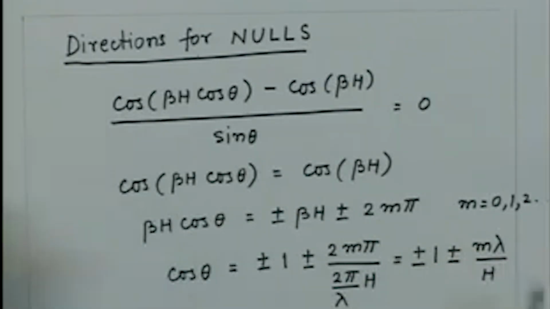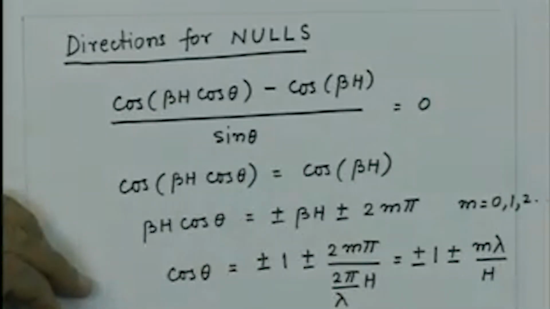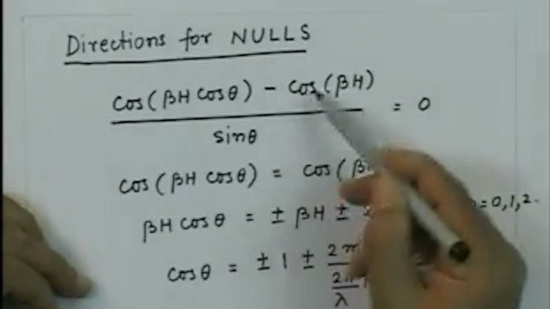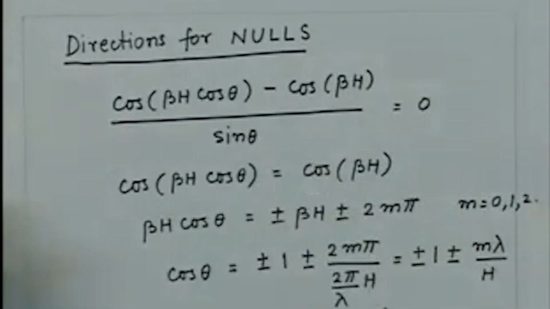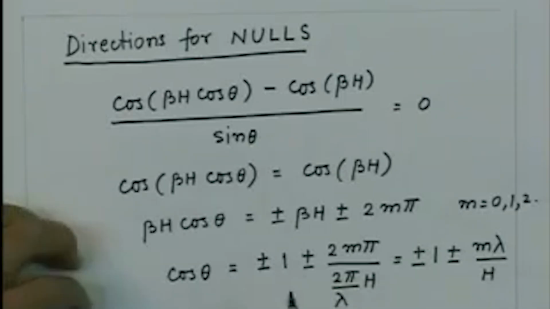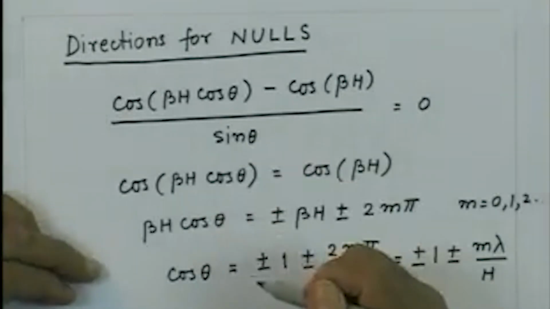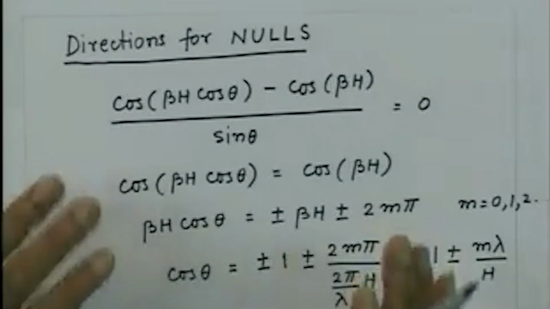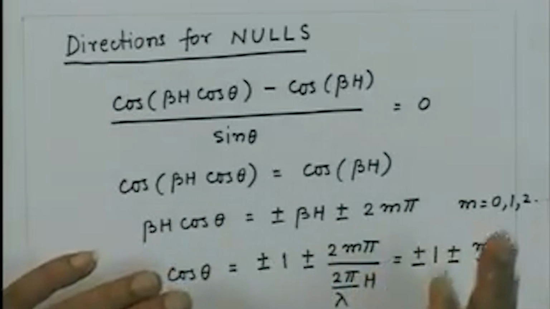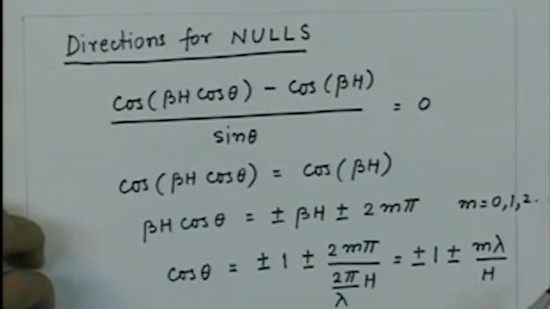So, just blindly we cannot say that at θ equal to 0 there is a null, because we have to actually find out what is the limit of this expression when θ goes to 0 or π. And one can verify that when θ goes to 0, in fact the limit of this expression goes to 0. So, there is indeed a null in the direction of θ equal to 0 and θ equal to π.